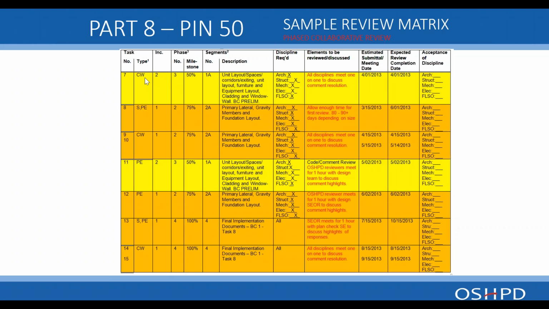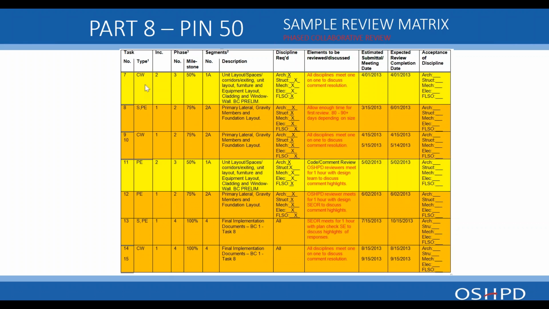This allows the design team to come in on this day and review their proposed responses to the review, because they are getting comments back weekly. So they're working on the comments as we continue our review.